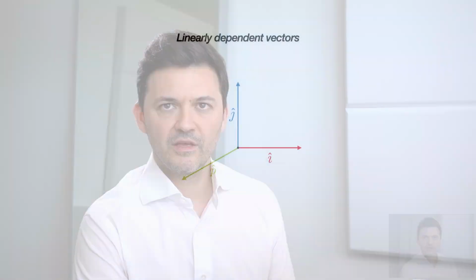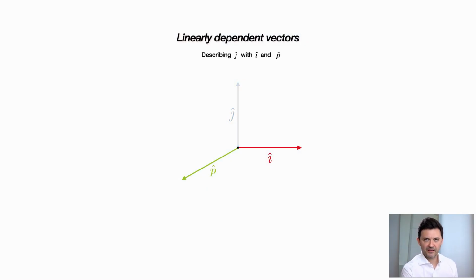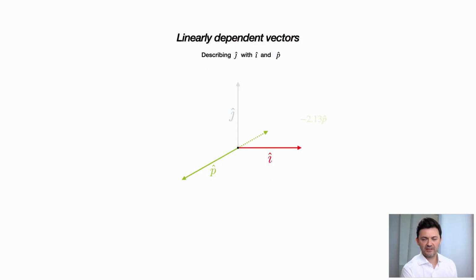I can also use i hat and p hat to describe the j hat, although they are not orthogonal to each other. It's just the parameterization of these basis vectors will change. So I can use negative 2.13 of the p hat, and I can take negative 1.87 of the i hat. If I add them together, I can fully reconstruct j hat.